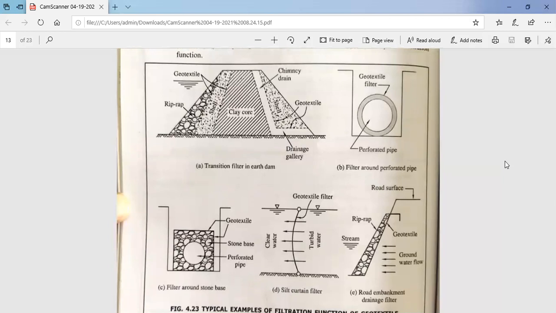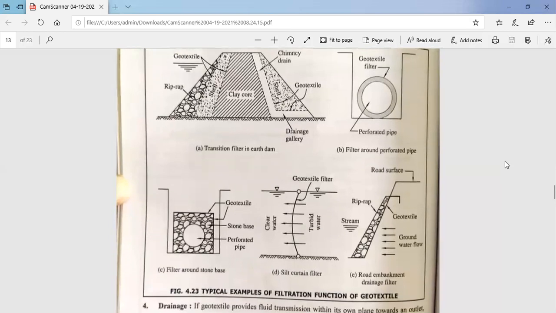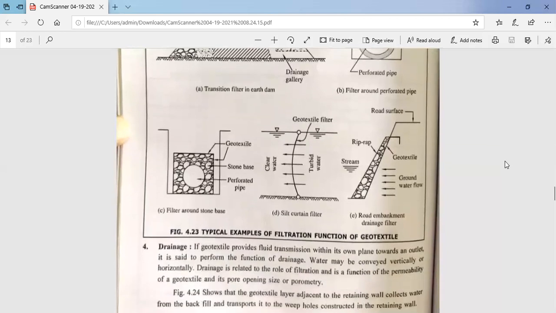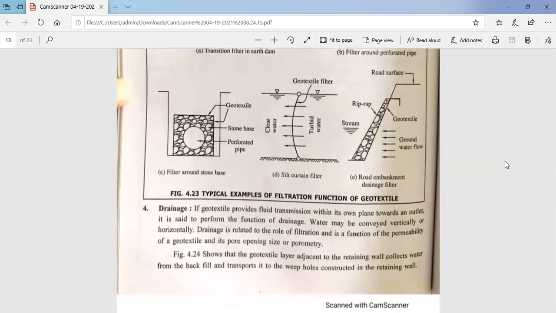Second is a filter around the perforated pipe. Third figure indicates a filter around the stone base. The fourth one is a sealed curtain filter. And last is a road embankment drainage filter. These are all typical examples of filtration functions of the geotextiles.